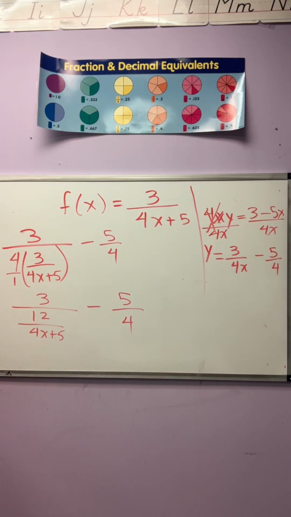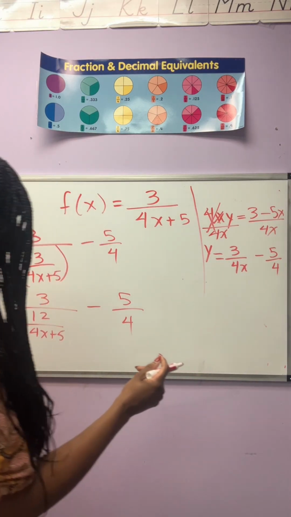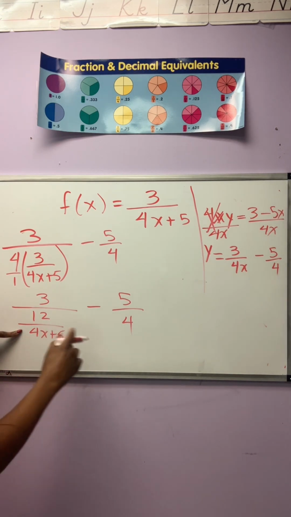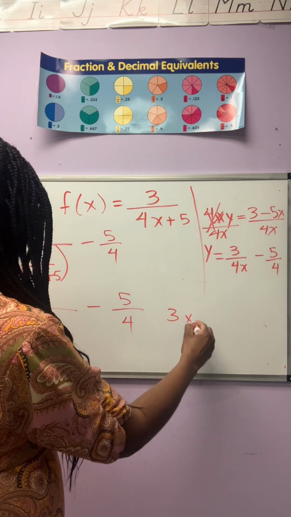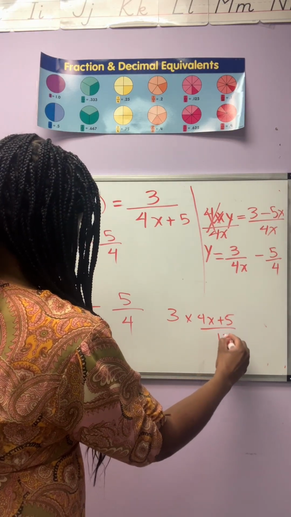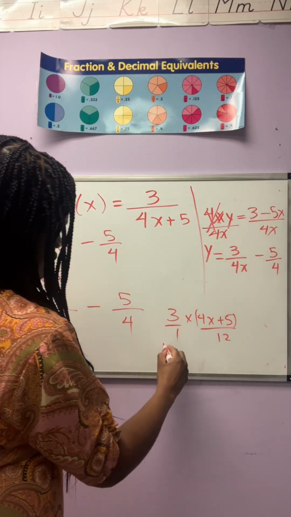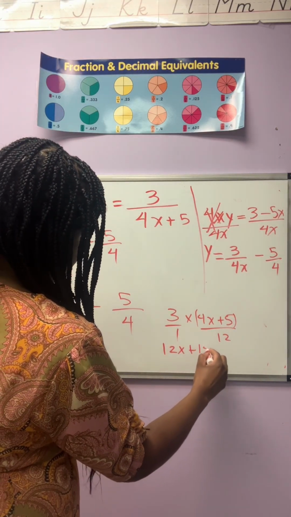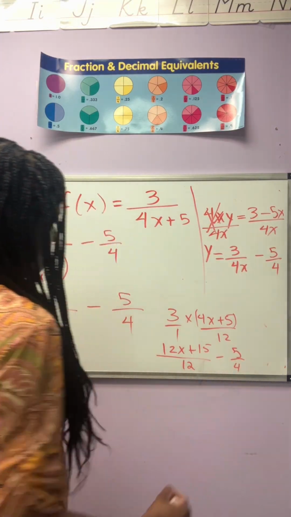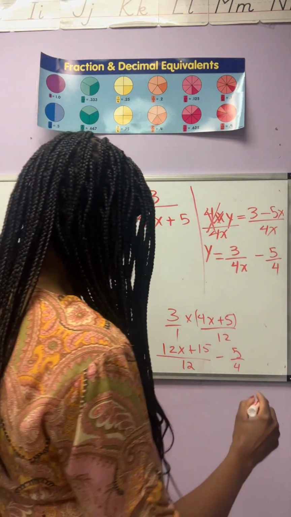Yeah, I did think the other one was less complicated. We can try to simplify this together first. So if we keep, change, flip, we have 12x plus 15 over 12 minus 5 over 4, common denominator. Okay, but yeah, we actually are going to get our x.